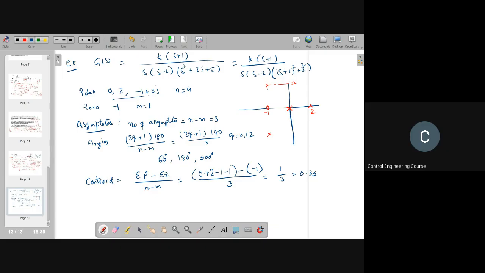So around this point we have the centroid, and the angles are 60, 180 and 300.